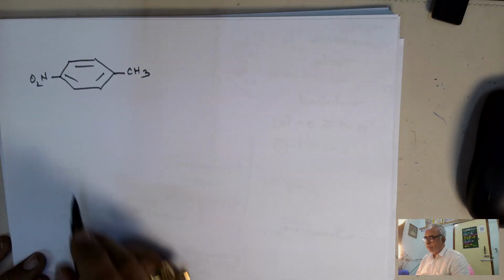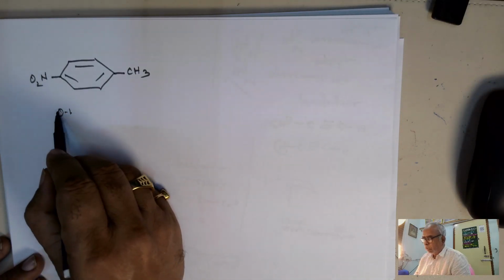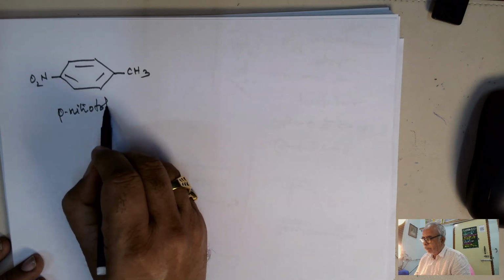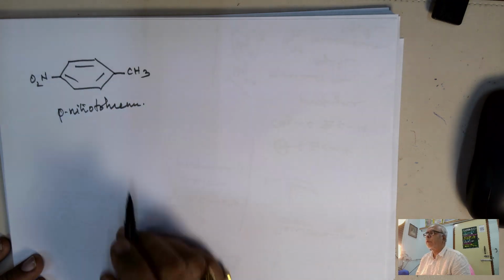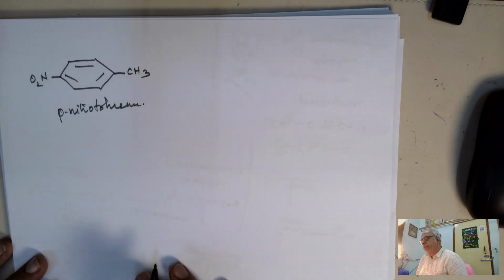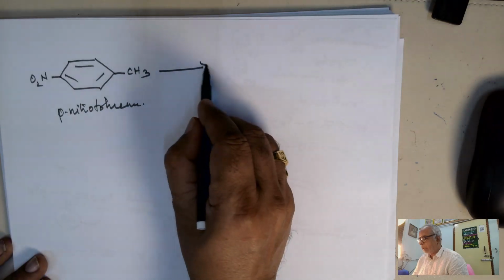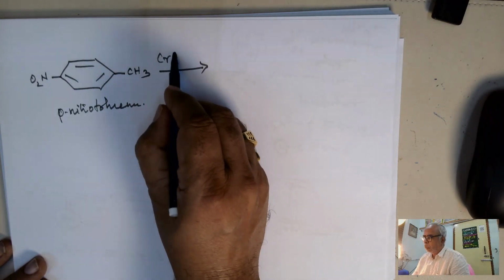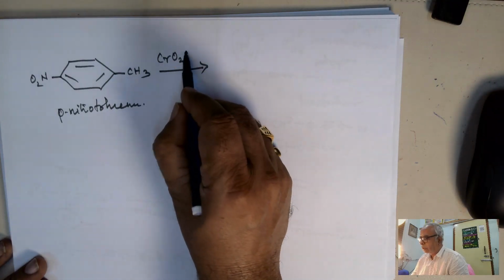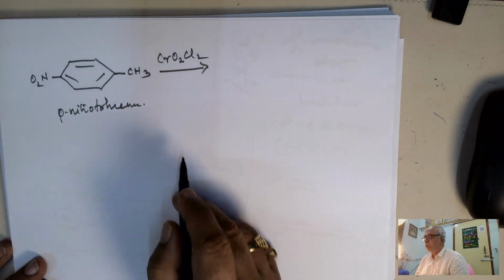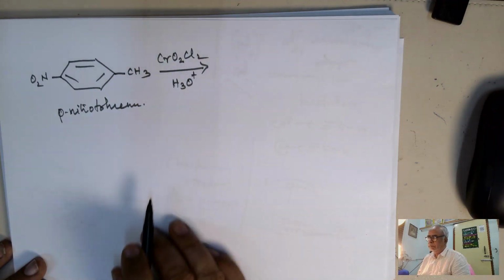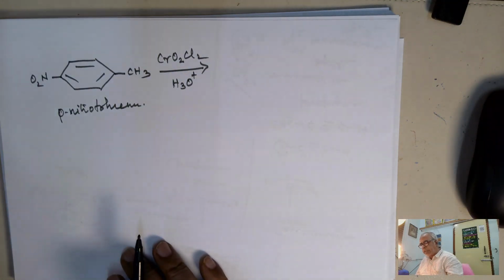Orthonitro-toluene. Ortho, not ortho. Para-nitro-toluene. So that is subjected to oxidation using chromyl chloride, CrO2Cl2, then protonated water, that is H3O plus. It means H plus and H2O.